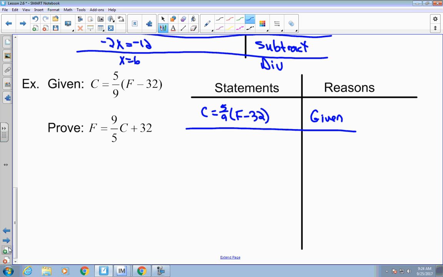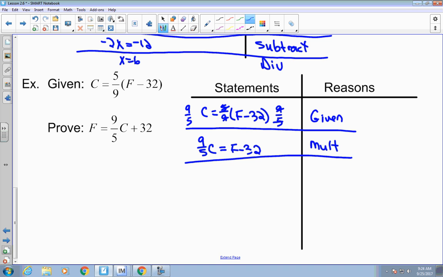So, let's multiply both sides by 9/5, right? And if we do that, my 9's cancel and my 5's cancel here, and so I end up with 9/5 C equals F minus 32. And that would be multiplication.